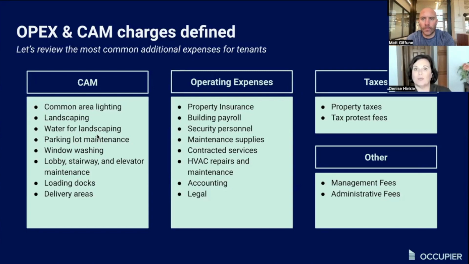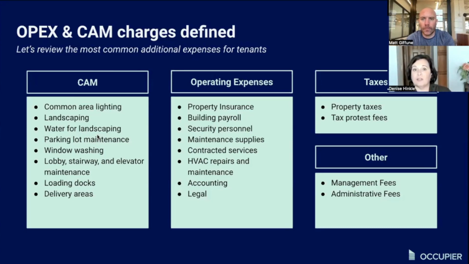The pitfalls come when you look at these definitions in your lease and you see words like replacement, reserves, depreciation, other things that would indicate that it's not really an expense, but a capital expenditure as defined from an accounting viewpoint or an accounting lens.